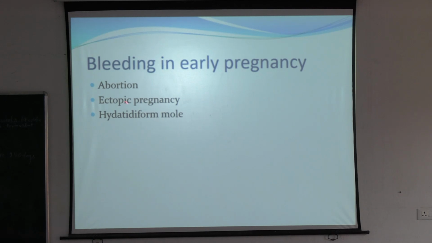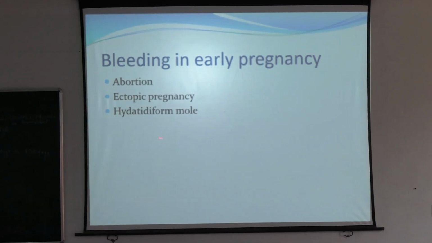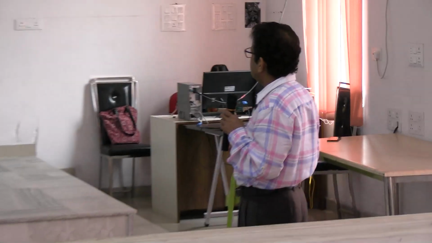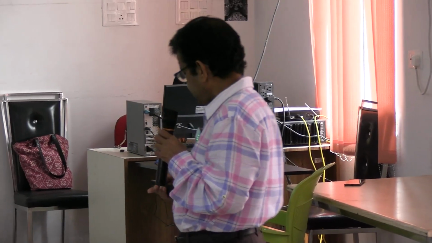So, that will be discussed in the next class. These are the three important complications which have similarities in presentation. So, it is very important to differentiate among these three, because treatment differs.